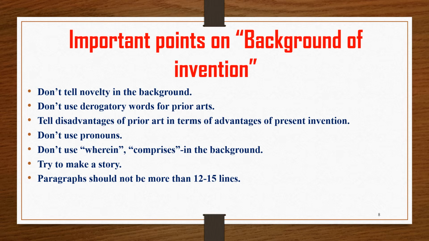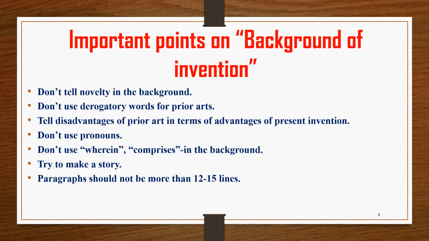Don't use derogatory words for prior arts. Though our objective is to show that the previous solutions were not proper and our solution is the best one, still we should not use any kind of derogatory words for the prior arts. Got it?